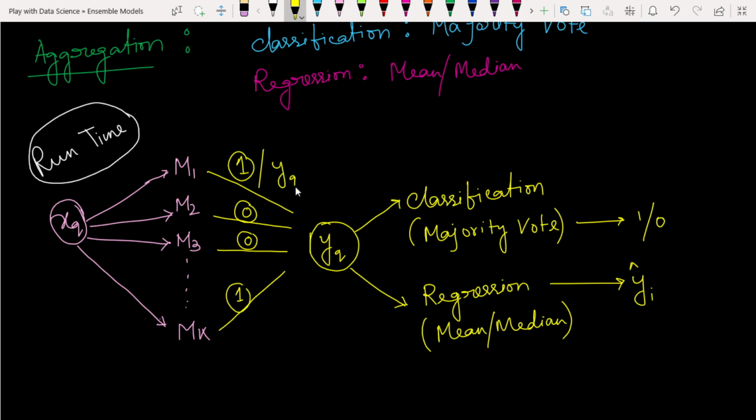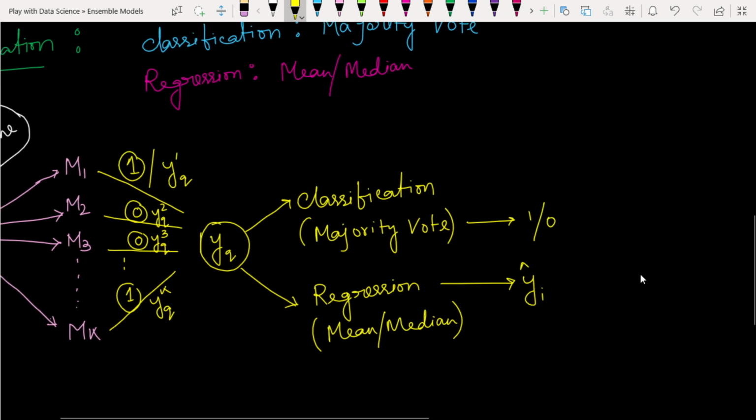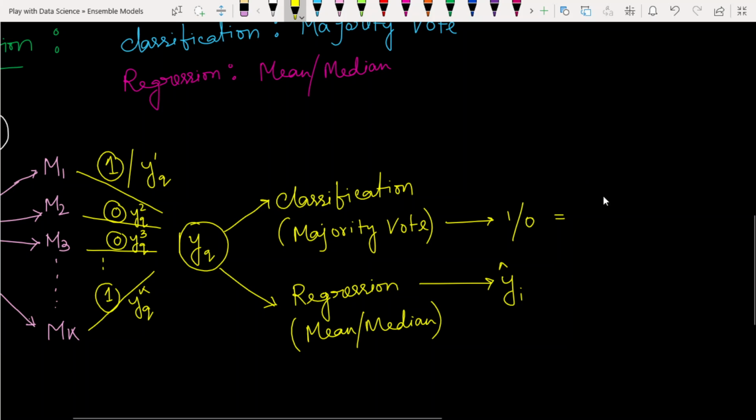Suppose let's take its Yq1, Yq2, Yq3, up to YqK, and we have to take all the medians. For classification we have to take the majority vote, the majority of all 1s or 0s. For regression we have to take the mean or median.